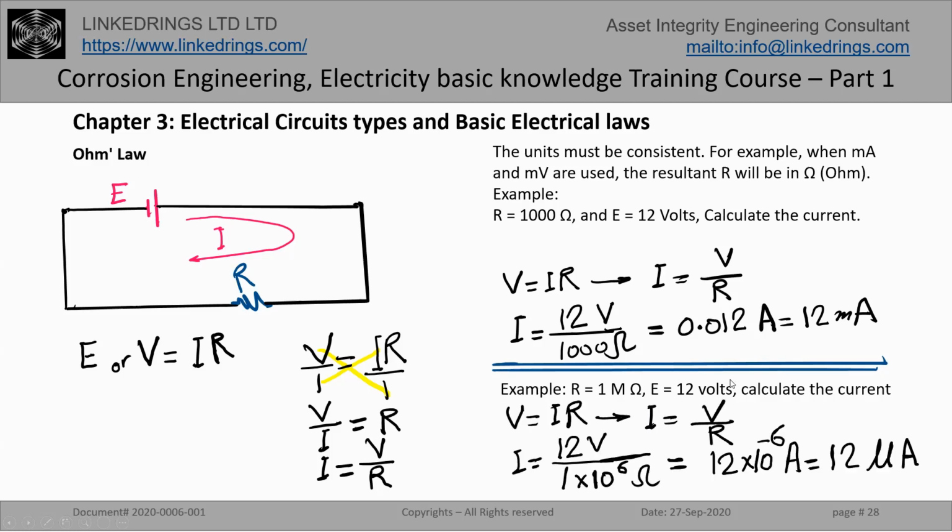V equals IR, so I equals V divided by R. V is 12 volts, and how much is R? 1 mega means 1 times 10 power 6 ohms. So the current equals 12 times 10 power minus 6 amperes, which is 12 microamperes.